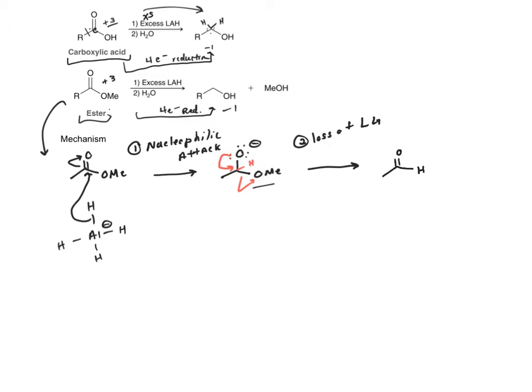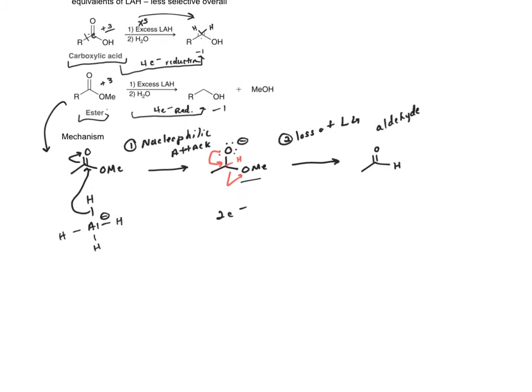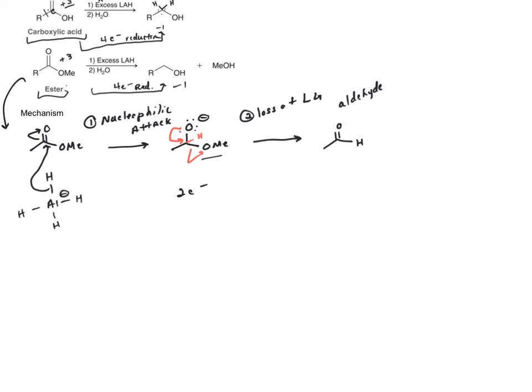This, again, is an aldehyde. And we've talked about how aldehydes are, of course, very susceptible to reduction via lithium aluminum hydride, right? So we had a first round of reactions where 2 electrons were transferred. We're now going to have that exact same thing repeat. The next step overall is nucleophilic attack from another lithium aluminum hydride.